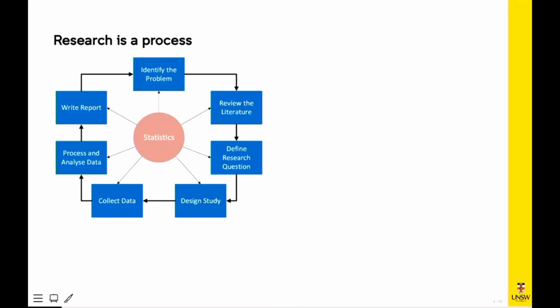And as I am a person who does statistics, I see statistics as central to everything. That might be my own self-centeredness, but in each of these steps, statistics and quantitative methods, particularly if you are doing quantitative research, have something to contribute. In particular, this talk will be focusing on defining your research question and the study design portions of this whole cycle.